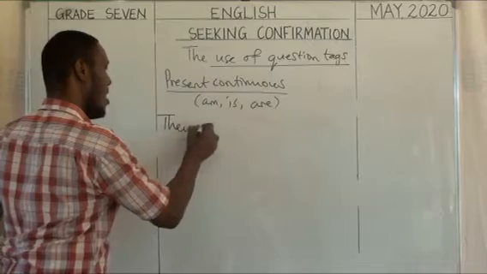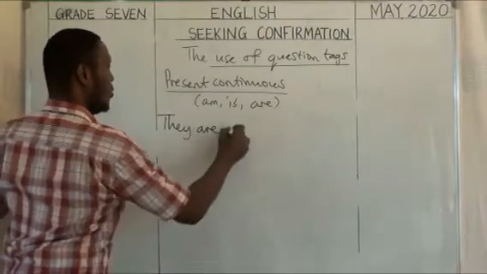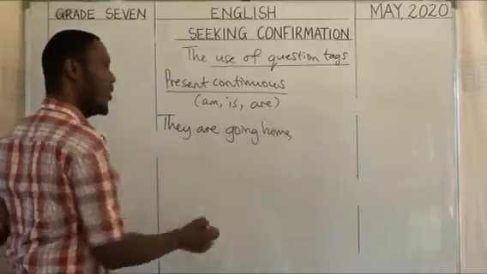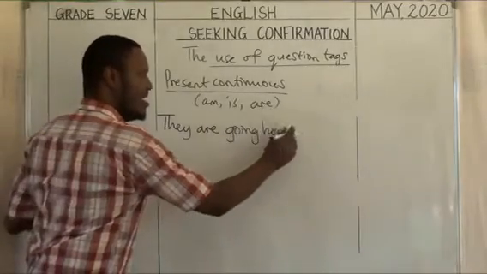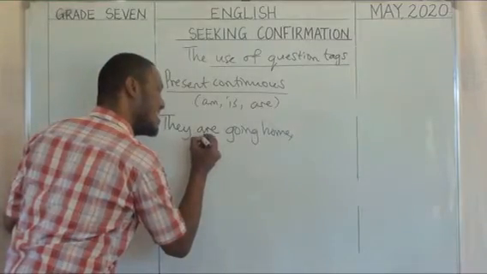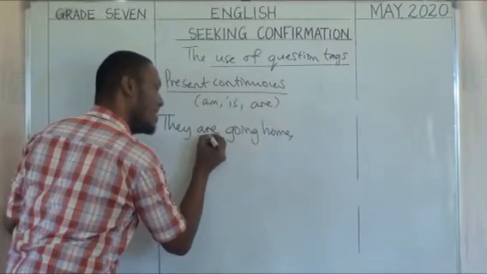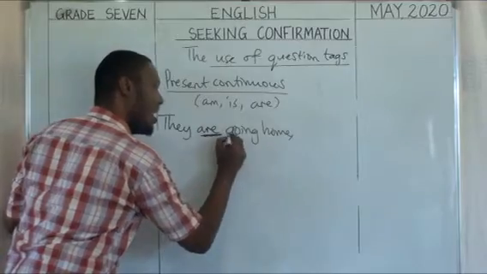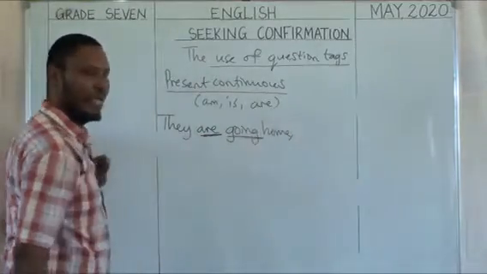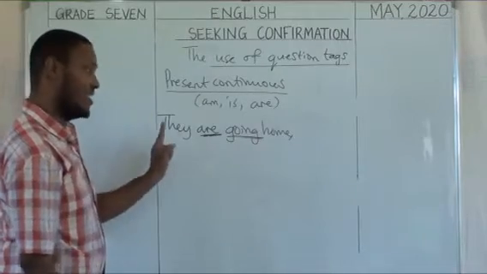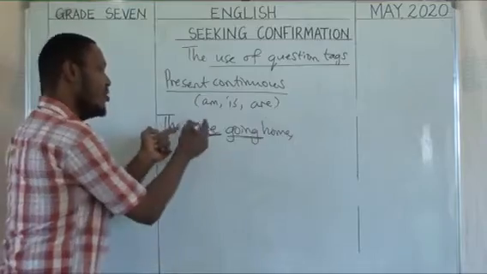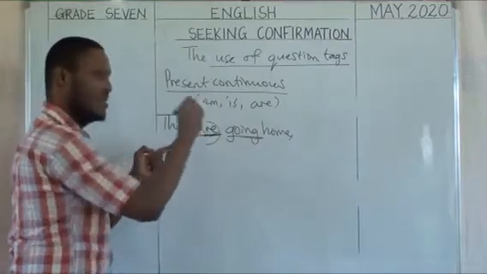They are going home. This is a positive statement. Now, when you're forming the question tag, you use this helping verb here. This helping verb assists the main verb. You use the helping verb to form the question tag, and you said a positive statement takes a negative question tag. That means you use this helping verb plus not.